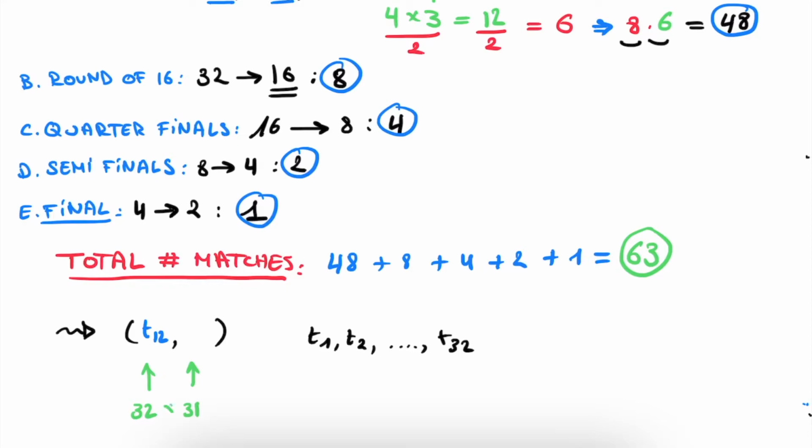So if we now multiply these 2 choices together and we divide them by 2, because we need to take into account that we can swap these 2 positions around, because we would count them twice, which gives us a grand total of 496 matches, which is significantly more than the 63 that we had in the previous case.